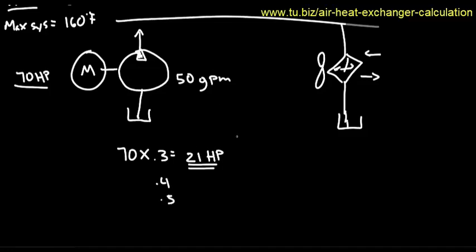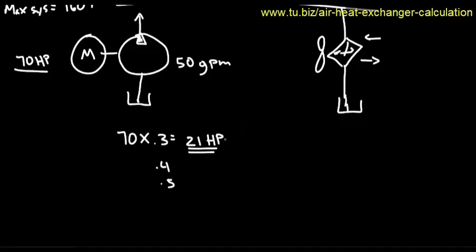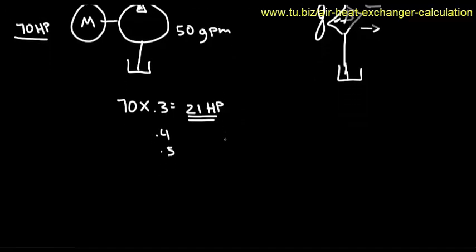So I need to translate the 21 horsepower into units that I can work with. Many heat exchanger manufacturers may have their units in kilowatts. Others have it in BTU. I'm going to use BTU an hour, which is the one that I use.